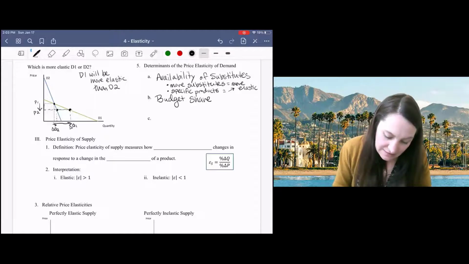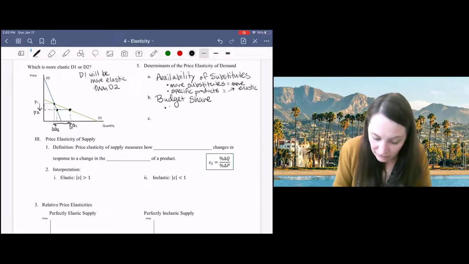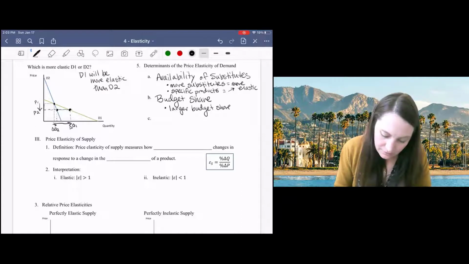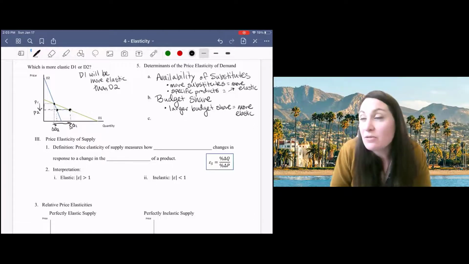Here we can see that the larger the budget share, the more elastic demand.